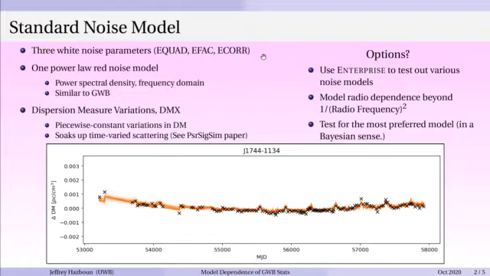So we want to look at these noise models and see if we can make them better. And there's a lot of motivations for this. One of which is that sometimes DMX is not the best chromatic model, specifically when we have really spiky behavior.